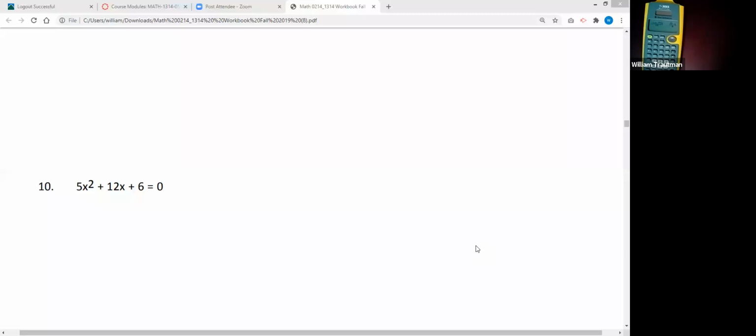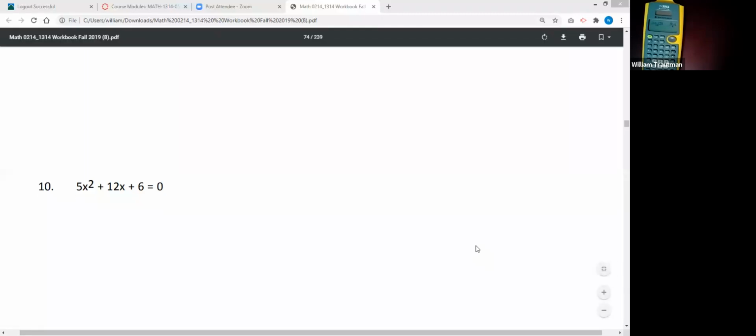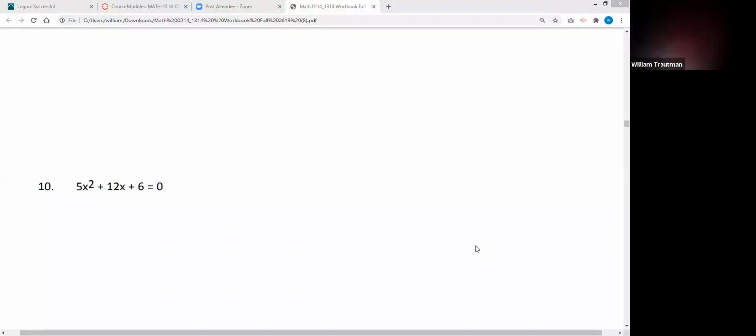So this is the answer I got. I'm going to come back to the paper and write it down. The answer I got, this is what my calculator showed, but I'm going to write it down where the negative 6 is in front.